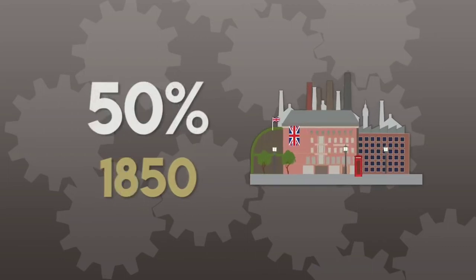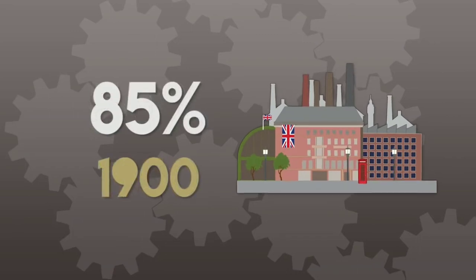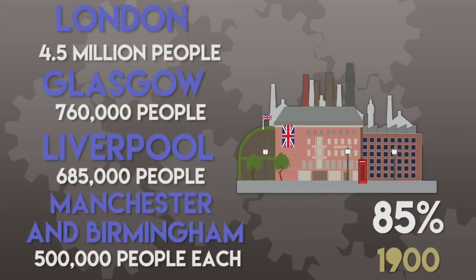By 1850, over 50% of the entire population of Great Britain lived in either a town or a city, and by 1900, it was 85%. London had 4.5 million people, Glasgow 760,000, Liverpool 685,000, and Manchester and Birmingham 500,000.